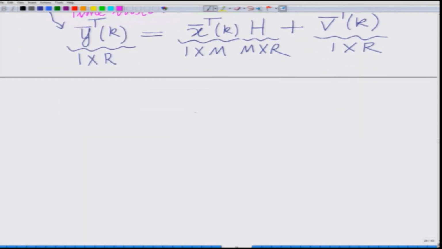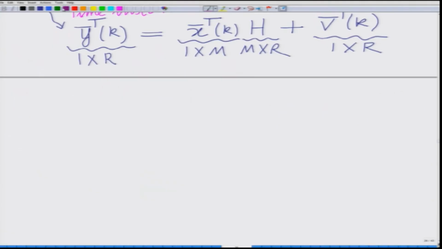Alright. Now, this is for a particular time instant k. Now, let us consider the transmission of n pilot vectors, that is, let us consider n transmission instants.